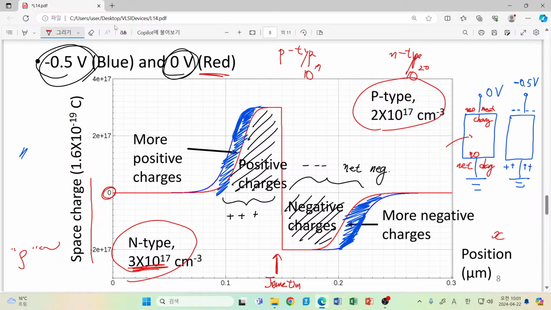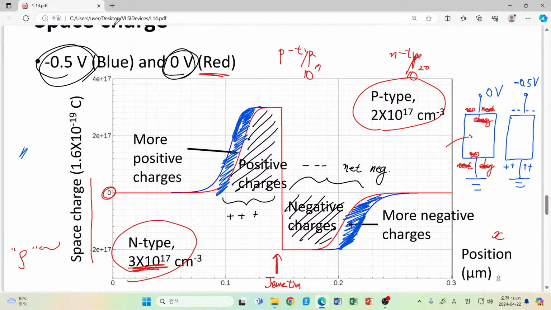Even at 0 volt, we have a certain amount of net charge accumulated at the junction. Do you remember? Previously, in this p-type region there was a net negative charge and a net positive charge. I'm not talking about this built-in value.